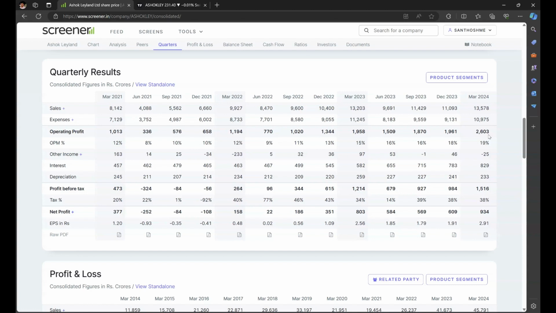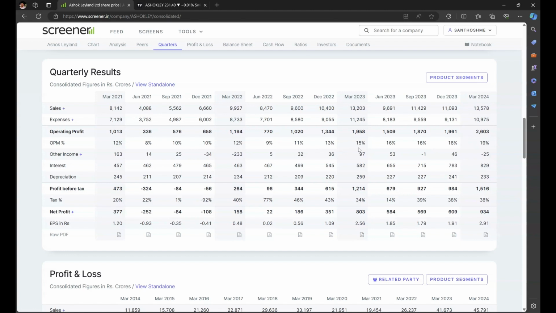Now, the third and most important thing is the margin. Again, the margin also has to be either a consistent or improving trend, and again I see it consistent, and in the recent quarters, a very good improving trend. Why is operating profit margin, or margin in general, important?